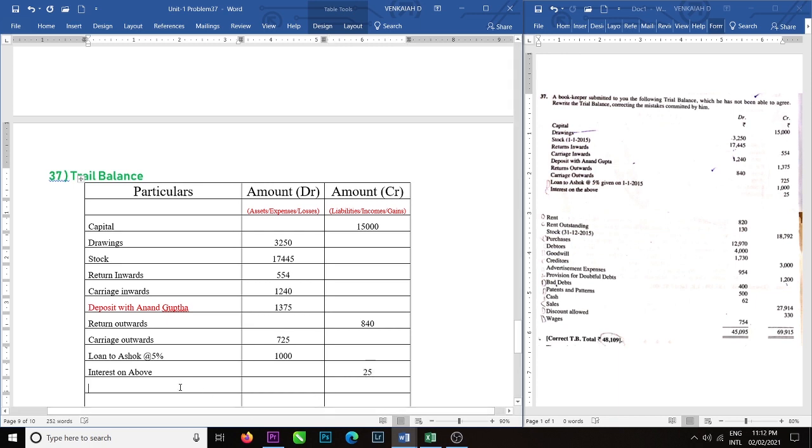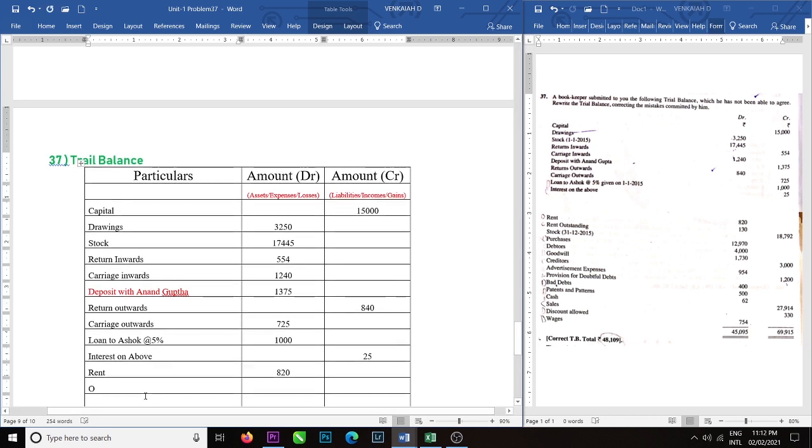Rent is expense. Rent amount is 820. Outstanding rent is liability, 130.